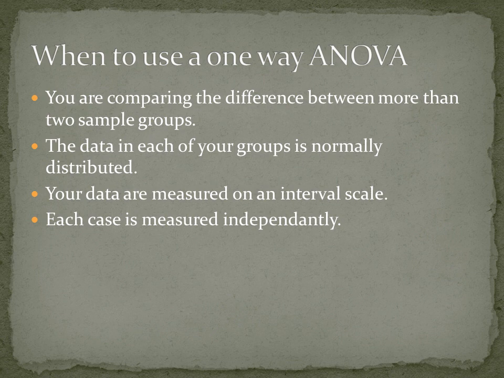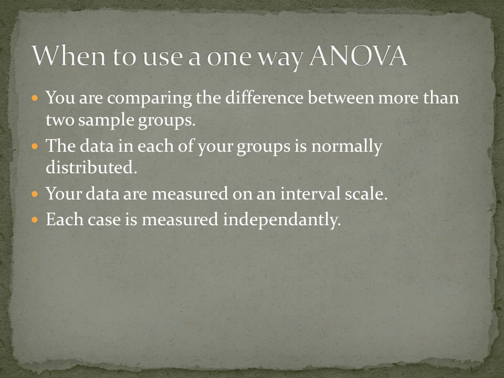So just some concepts that you need to know when to use the ANOVA. Obviously, I think I've drilled it into your head that when we are looking at 2 groups, we're going to be using the student t-test or the t-test. When you're looking at 2 or more sample groups, you're going to use the ANOVA.